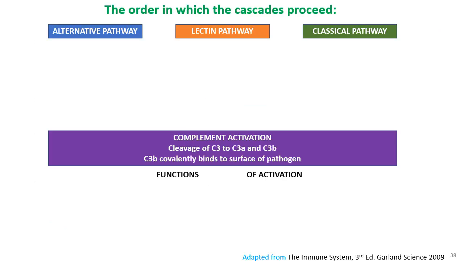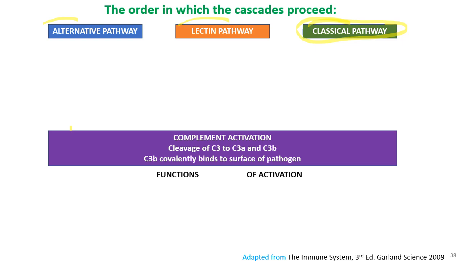All right, so there are three pathways of your complement system. One of them is called alternative, the other one is lectin, and the third one is the classical pathway. The classical pathway is the only pathway that involves a component of your adaptive system. You need antibodies to activate your classical pathway. The only time you're going to get antibodies is after your adaptive system B cells have been activated.